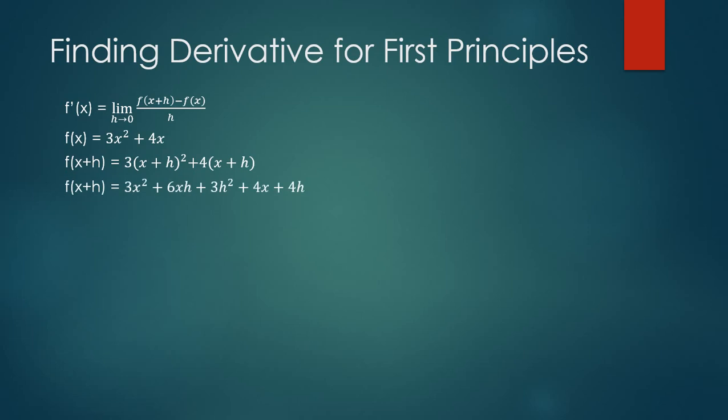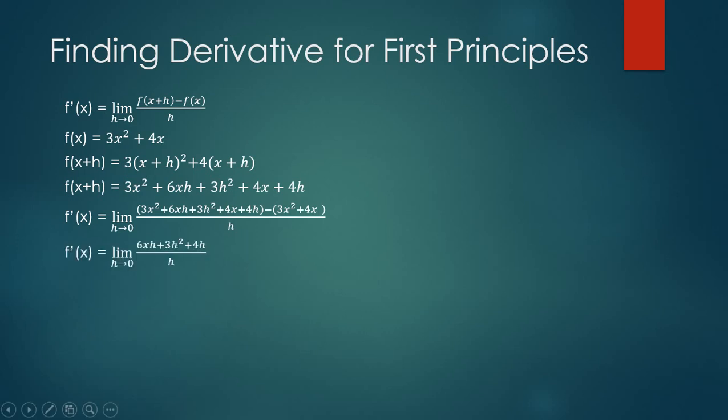So now it's just a matter of substituting into the formula for first principles. So f prime of x is equal to the limit as h tends to 0. So we have f of x plus h, which is this here, minus f of x, and notice to put them in brackets, divided by h.